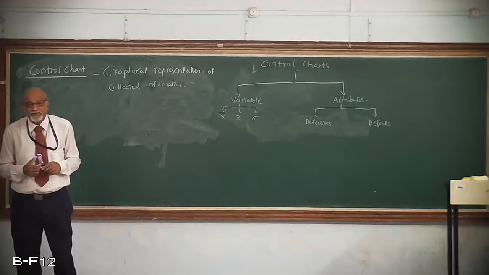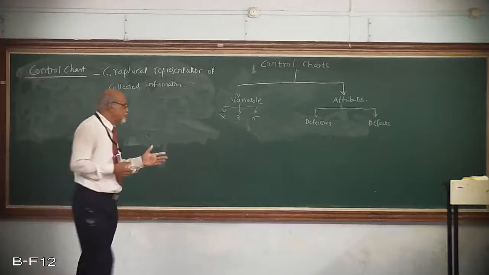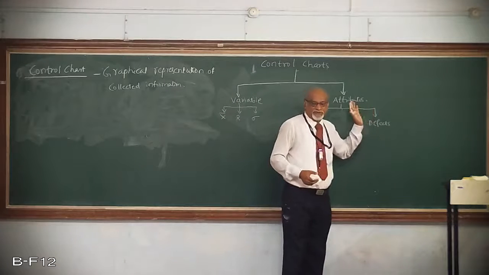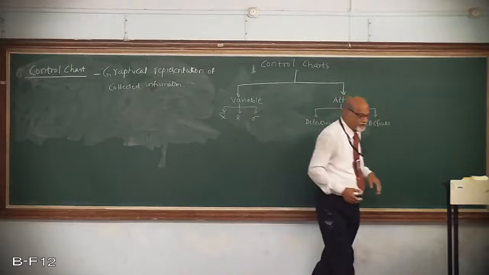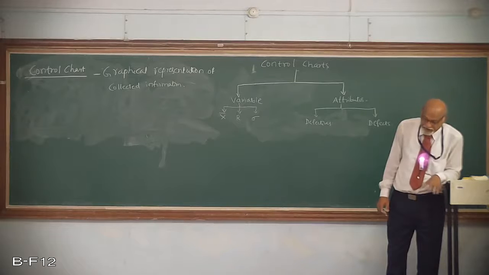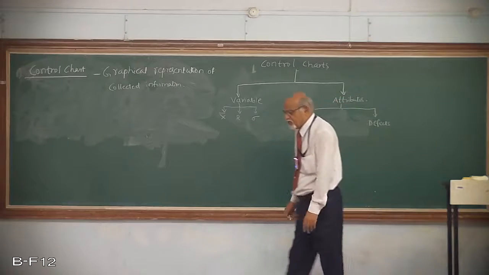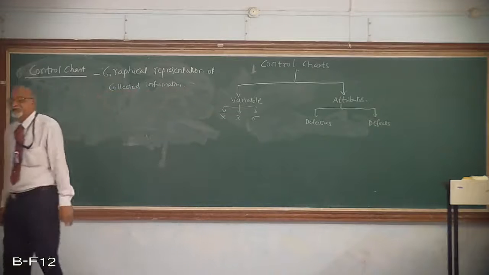Then what is a defect? A defective is a collection of one or more defects. What is a defect then? A defect is each instance of not meeting a particular specification.